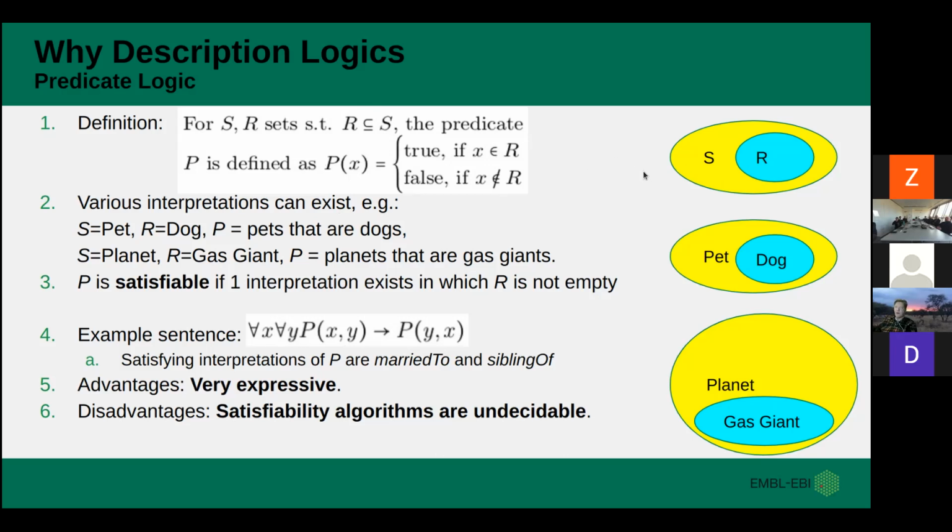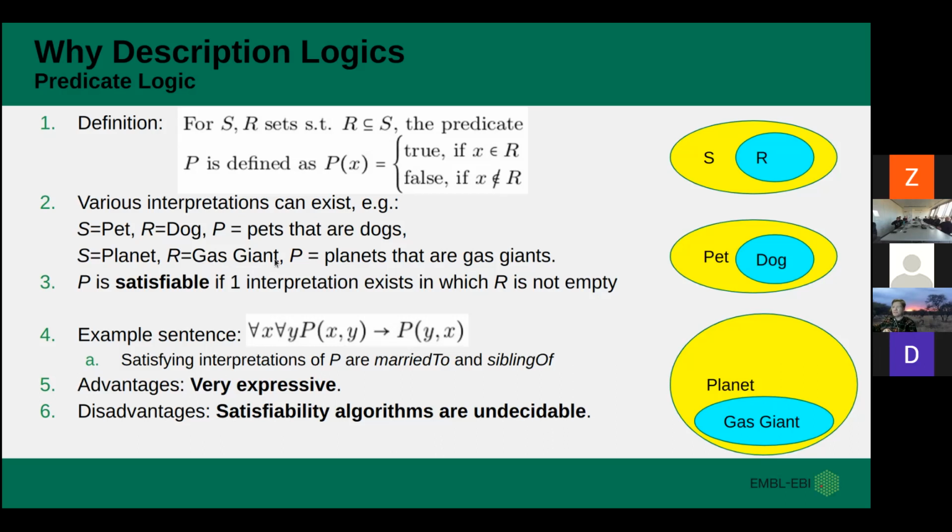Potential interpretations for this could be: if we set S to be pets and R to be dogs, then the predicate will represent those pets that are dogs. But we could also have a completely different interpretation that applies to planets, where the predicate P represents the planets that are gas giants.